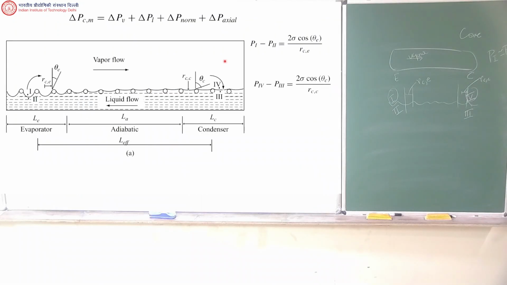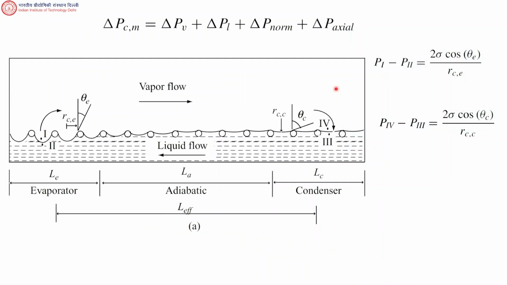But just because they're in the vapor phase doesn't mean that they have to have the same pressure, right? But we are saying that in the vapor phase, the pressure drop is small. When it's there, it's non-zero, but it is small. This is the assumption that we are making: P1 equal to P4.